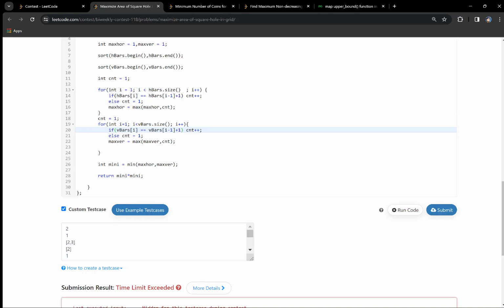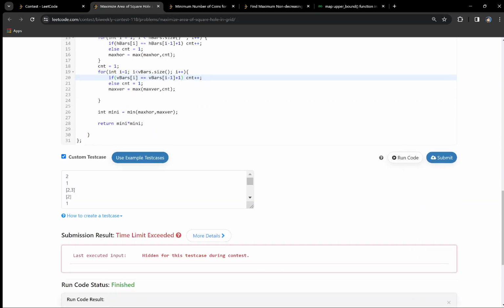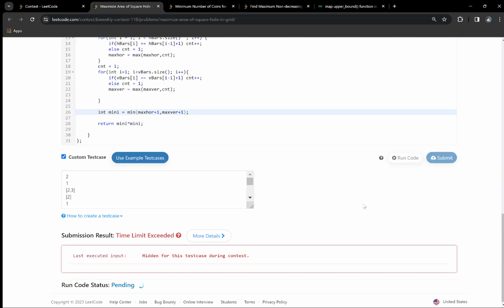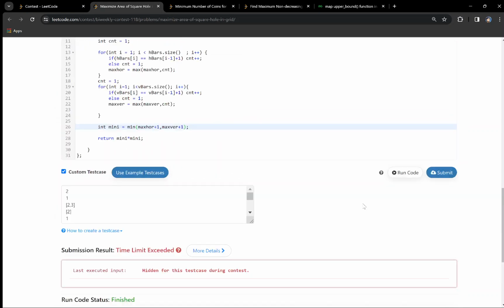So we have 2, 3, initial is 1, so now it will become 2. Four, 9.